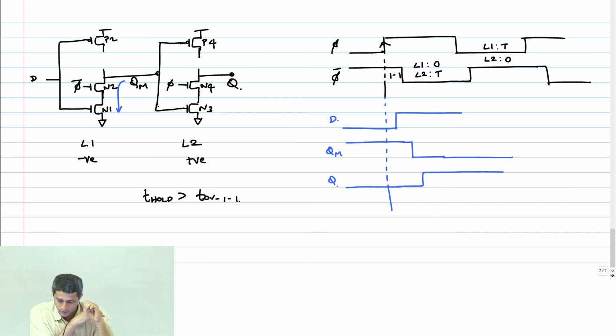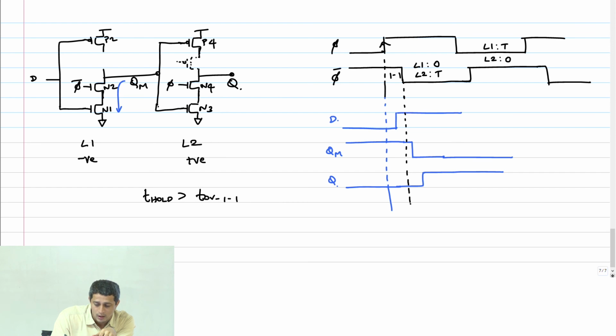Why does QM become 0? Because QM has become 0, and after that, look at what has happened. After this overlap period, what has happened to L2? My PMOS transistor is back, and both are conducting. It's like an inverter now.